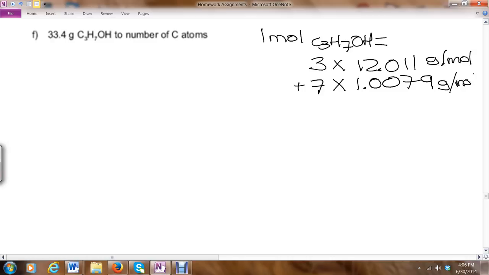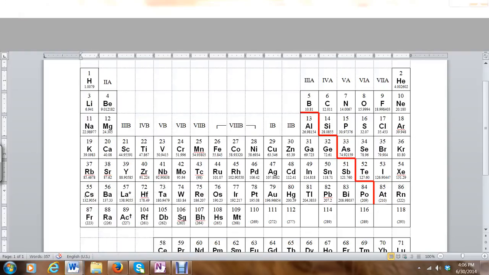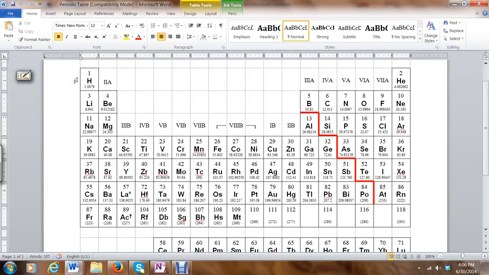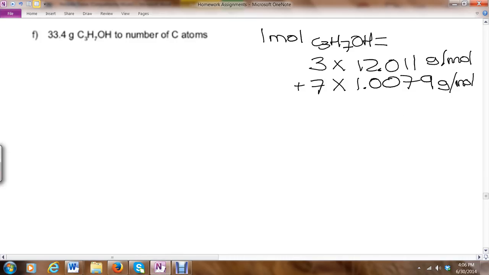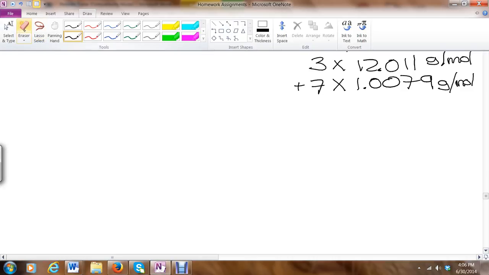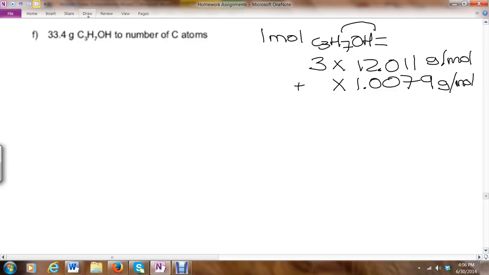If you look at the periodic table, oxygen is 15.9994. And by the way, you got 7 hydrogen plus 1 here. You add them, so it's going to be 8 hydrogen in total, times 1.0079, plus oxygen, you got 1 by 15.9994 grams per mole, or grams in 1 mole.